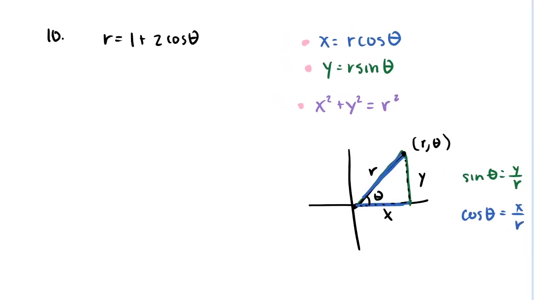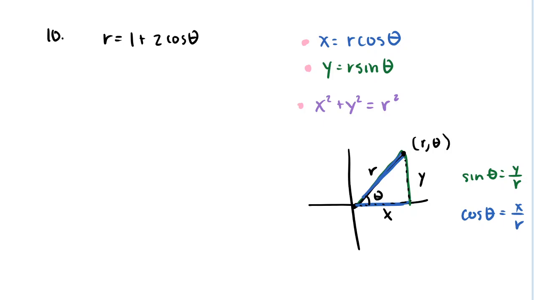And when we have this equation in polar coordinates, to convert it into a rectangular equation, or a Cartesian equation, we just want to use these ways of translating so that we end up with a new equation that does not have r's or thetas anymore.